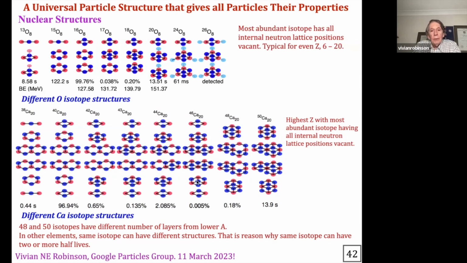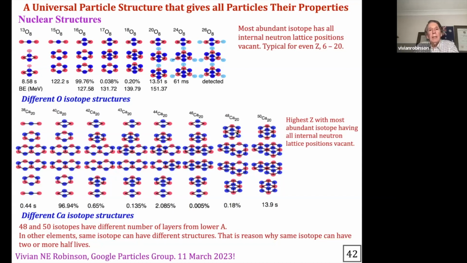But when you get to 48 Ca, which is still a stable isotope, you've filled in this position, you've filled all of the neutron lattice vacancies at 46. So the only way that this can be stable is that you have to have a rearrangement of the number of layers in the nucleus.